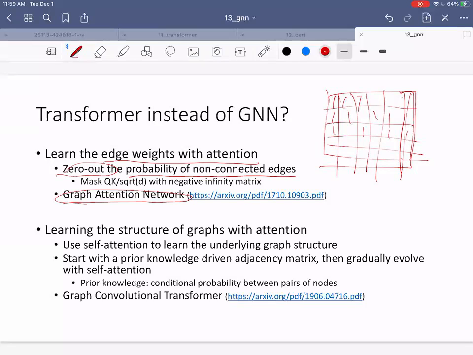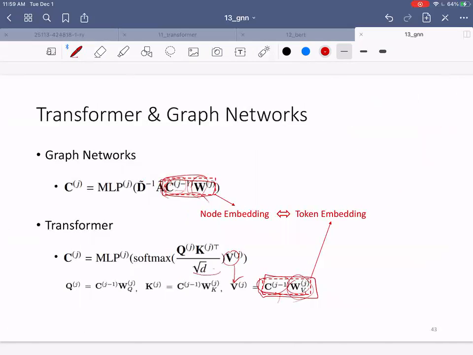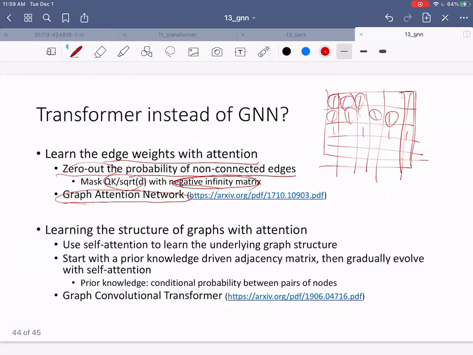So instead of using a normalized adjacency matrix, in graph attention networks they try to learn the edge weights, like the attention, on the connected edges. They use a negative infinity matrix to mask on top of QK transpose divided by square root of D. So if you apply a negative infinity mask here and then do softmax, you're zeroing out the probability of non-connected edges, and that's it.